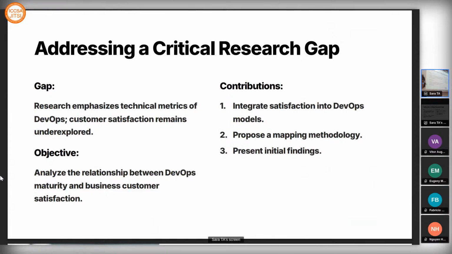Our objective is to analyze the relationship between DevOps maturity and business customer satisfaction. Our main contributions are to integrate satisfaction into DevOps models, propose a methodology, analyze internal versus external features, and present initial findings.